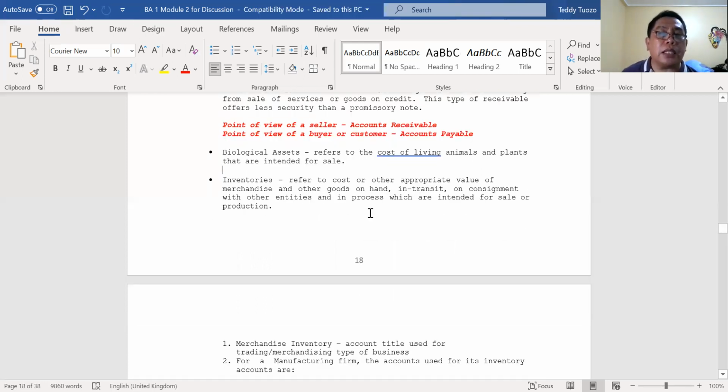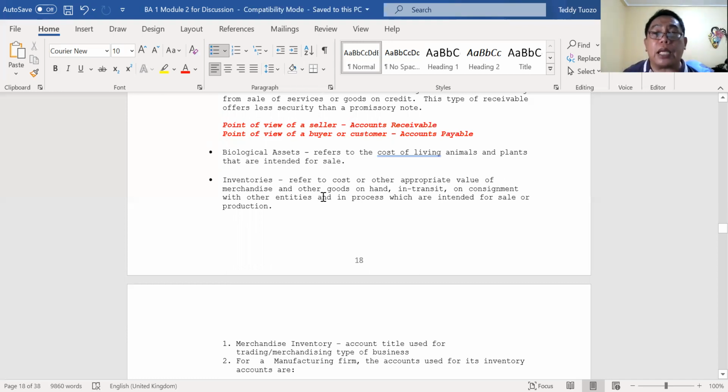So inventories refers to cost or other appropriate value of merchandise and other goods on hand, in transit, on consignment with other entities, and in process which are intended for sale or production. So isa-isa ho na ako ini class, no? Inventories.